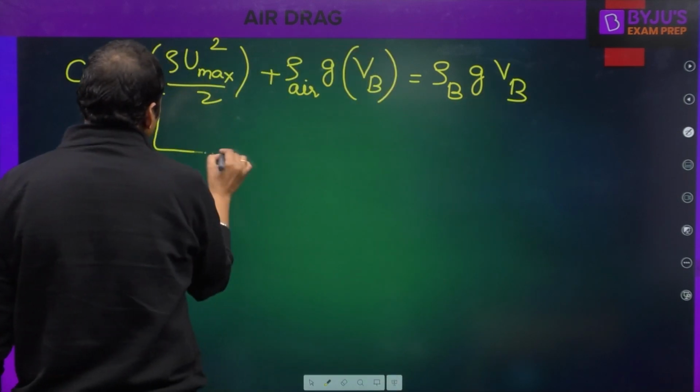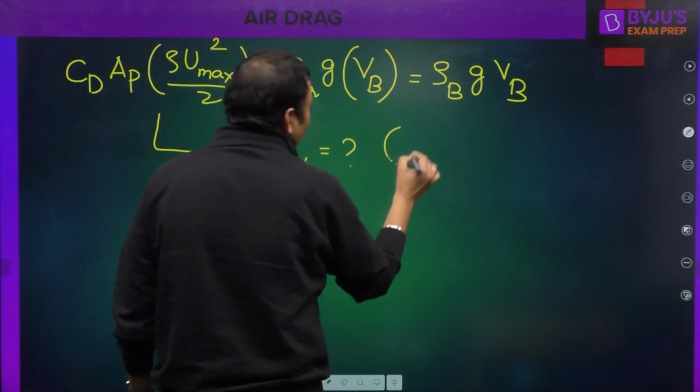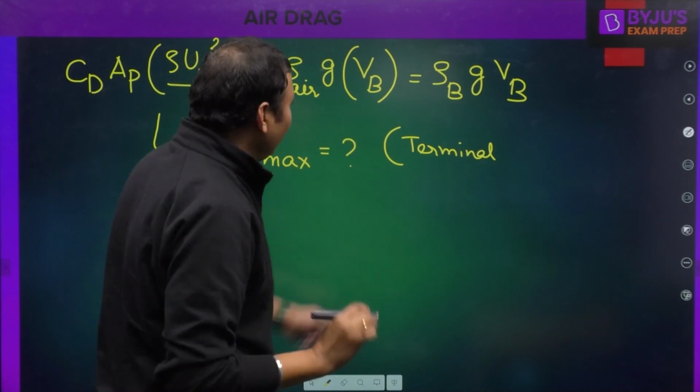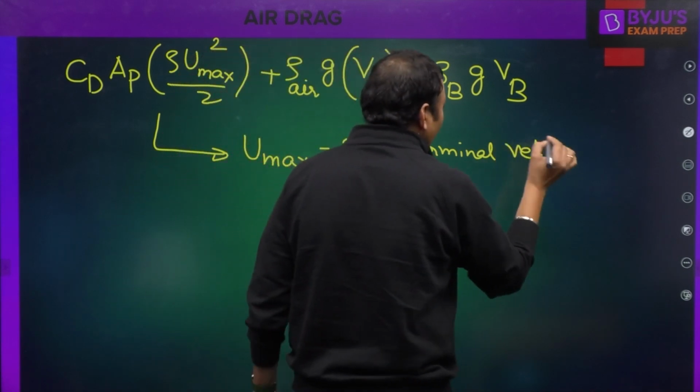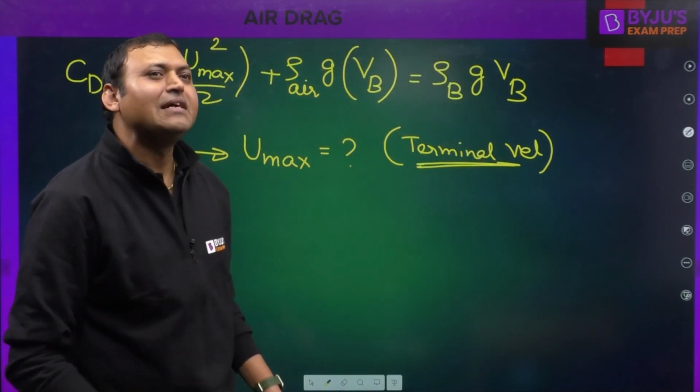So from here we can find out the maximum constant velocity, called the terminal velocity, with which the body will have a downward motion. There is no further increase in the velocity. That maximum constant velocity is called terminal velocity.